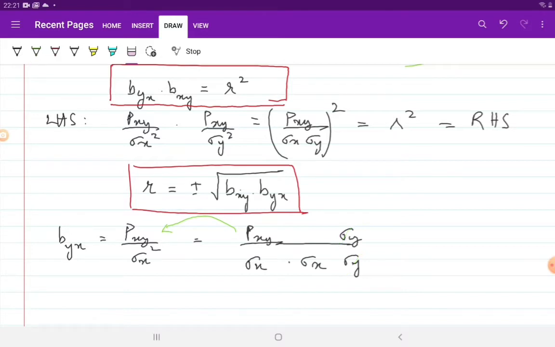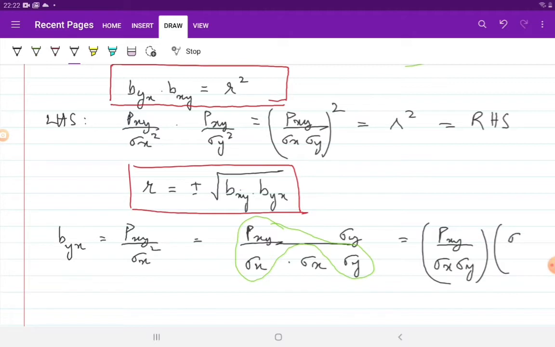So how does that help me? It gives me another way of expressing the regression coefficient byx. What I'm going to do is group together these three terms so that I can write it as pxy divided by sigma x sigma y into sigma y by sigma x.